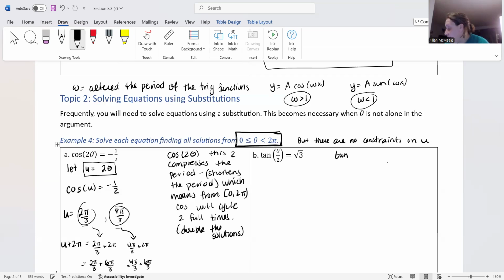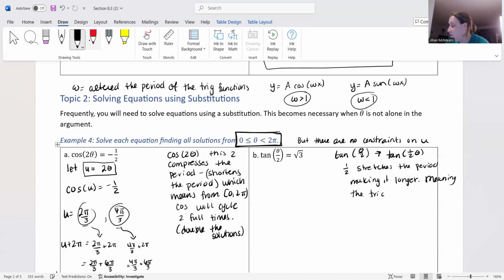So when we talk about tangent of theta divided by 2, let me write it like this so you know what I'm talking about when I say the 1/2. So I could rewrite that as tangent of 1/2 theta. Well, the 1/2 stretches the period, making it longer, meaning the trig function cycles less often.